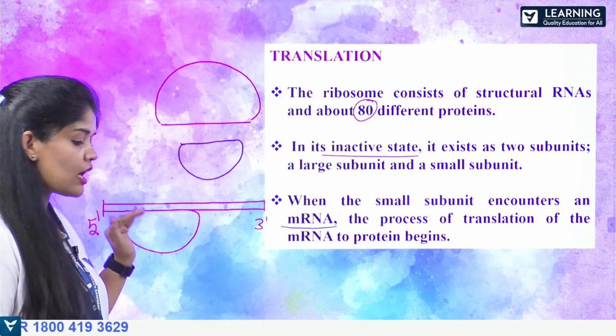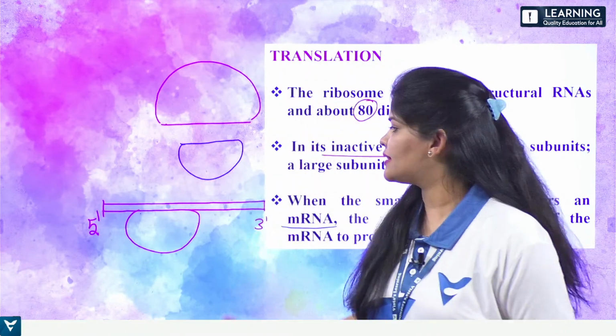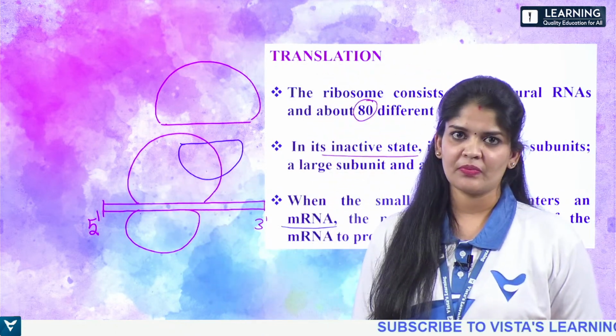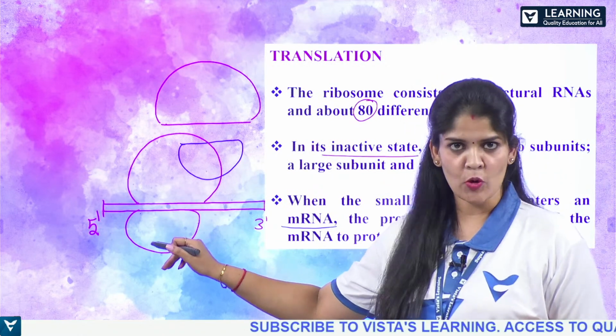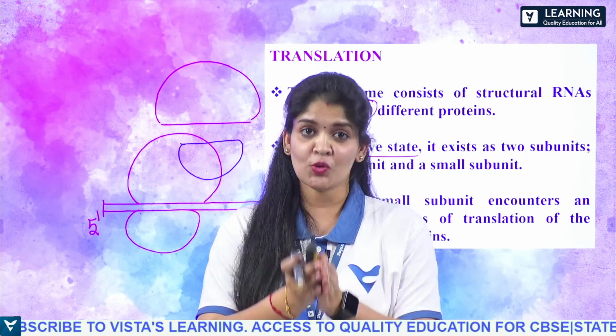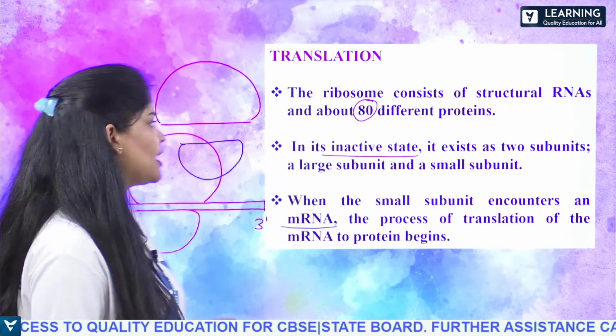Always the smaller subunit will attach to the mRNA first, then the larger subunit will come and bind. And this association is very important. The larger subunit as well as the smaller subunit of the ribosome has to be associated while protein synthesis is in progress.